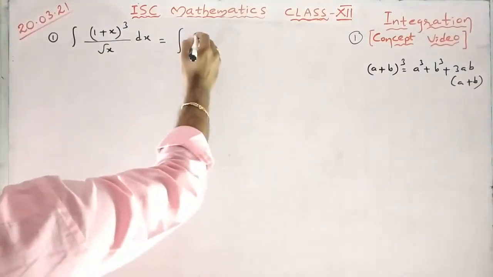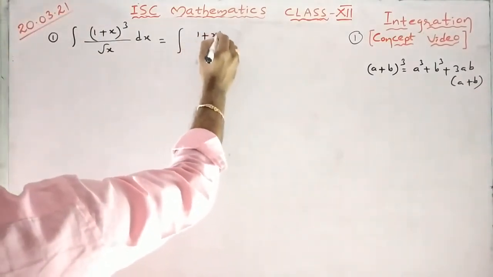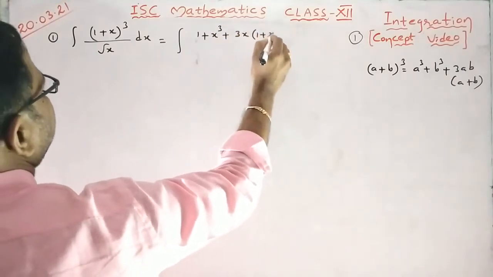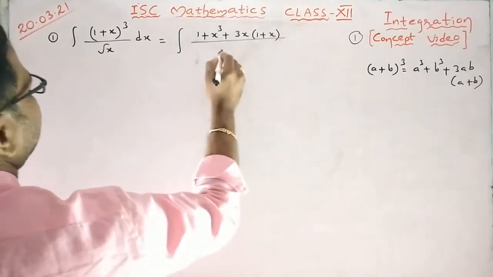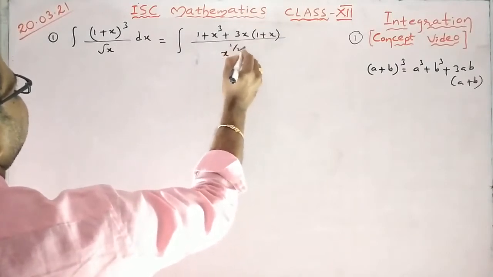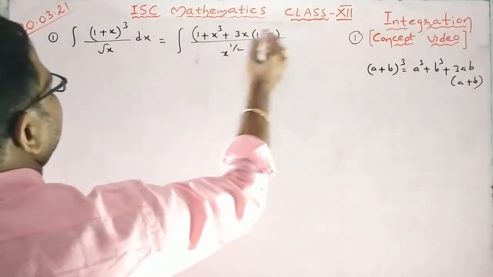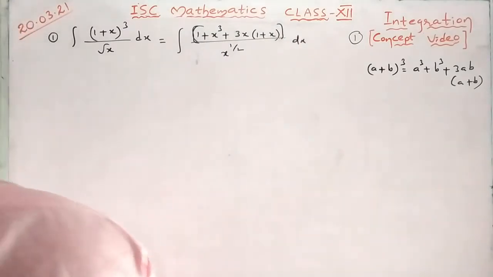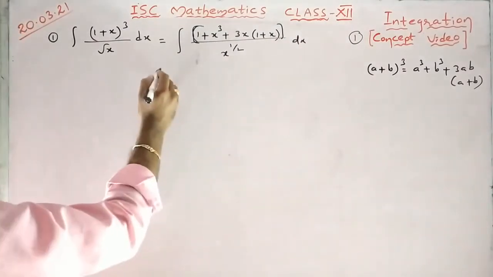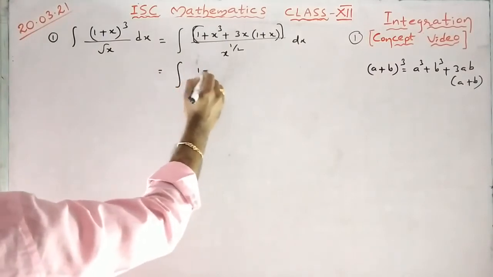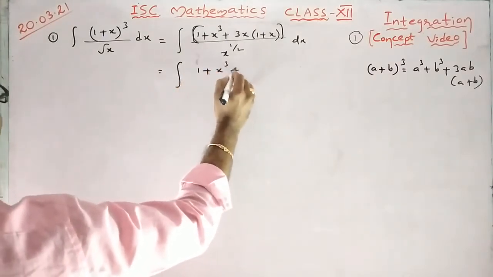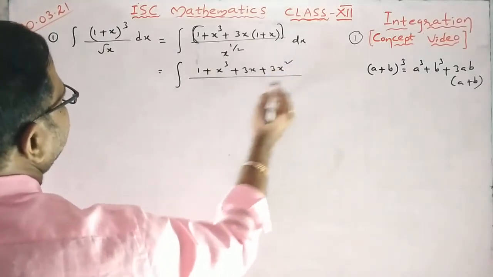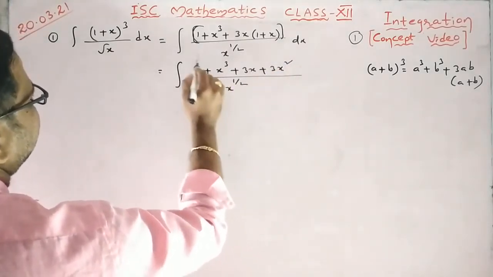Upon root x, I can write x power 1 by 2 dx. Can I write like that? Okay. Now integral 1 plus x cube plus 3x plus 3x square upon x to the power 1 by 2 dx.